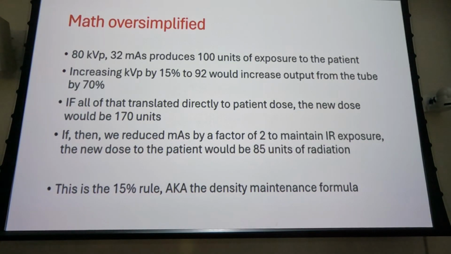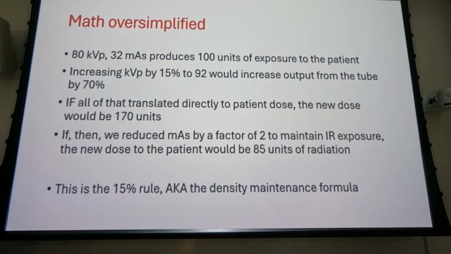But just to keep it simple, if we then reduce the mAs by a factor of 2, the image receptor exposure would still be a factor of 2, but the patient dose would decrease. It would now be at 85 units instead of 100. So with the increase in kVp and a reduction of mAs, patient dose goes down. That is the 15% rule.